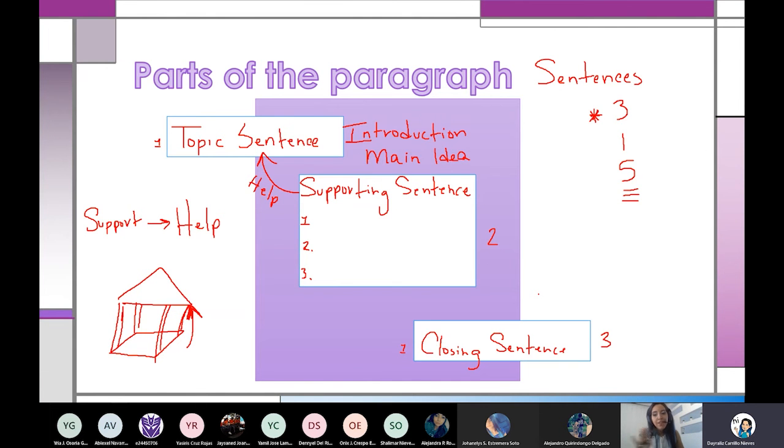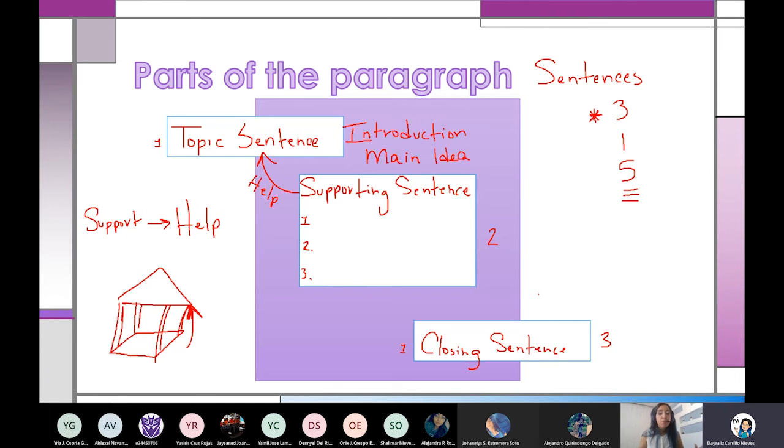You cannot leave things unfinished. You cannot leave a paragraph unfinished. And this is a very common mistake. Students can go on throughout their academic life, all the way to college, and leave their paragraphs incomplete without a closing sentence.